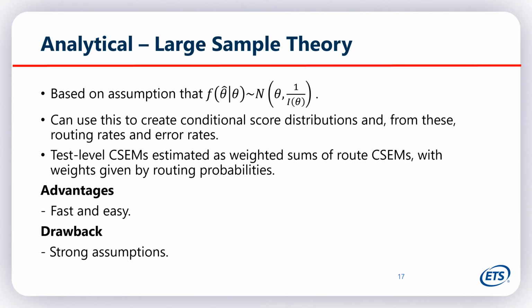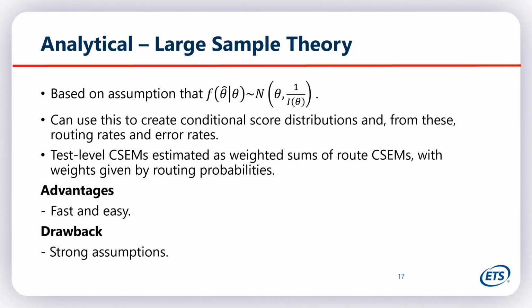And we assume that under large sample theory, the variance of the ability estimates is related to the information of the route along which the examinee went. So we can use this again to create these conditional score distributions, and from those conditional distributions, routing rates and error rates.